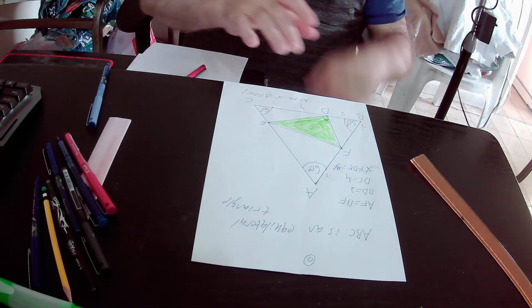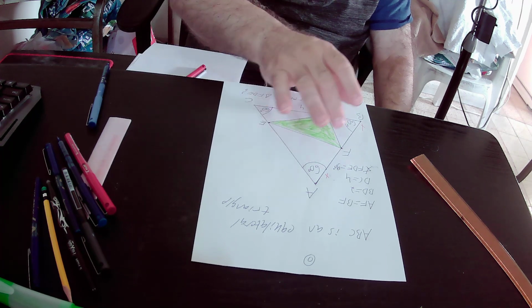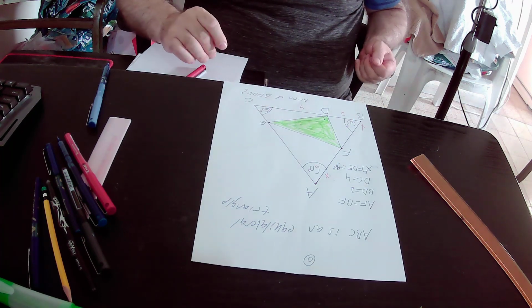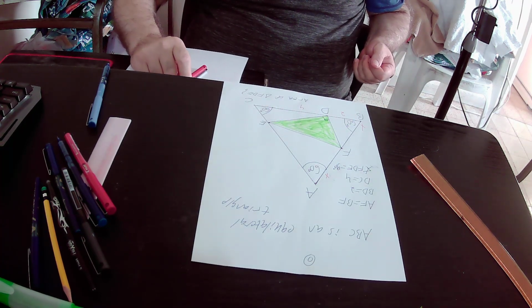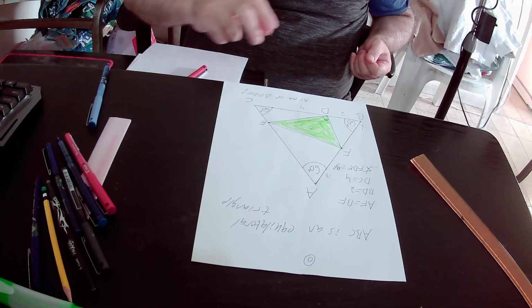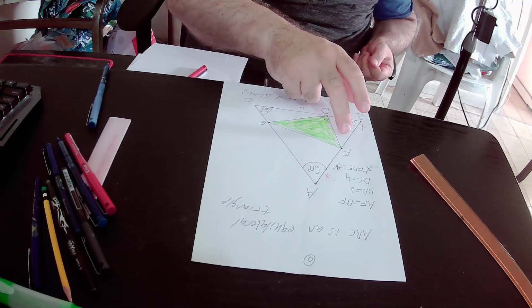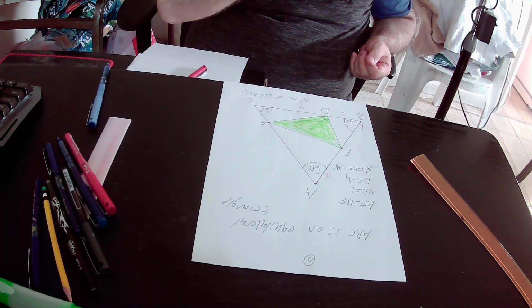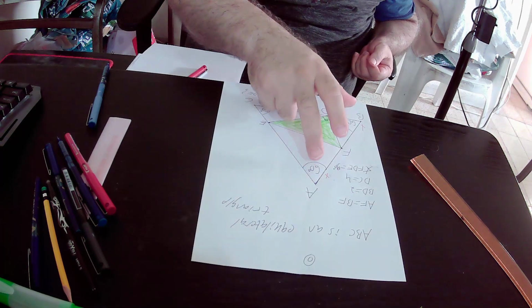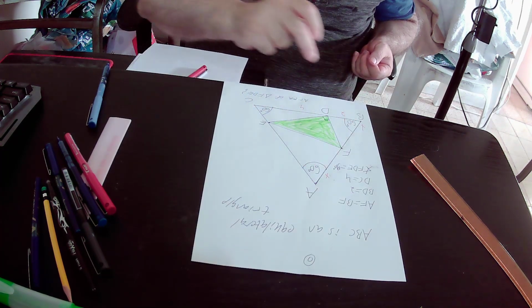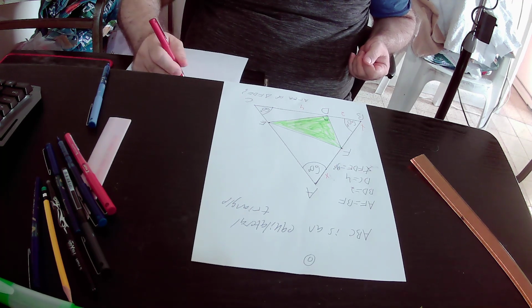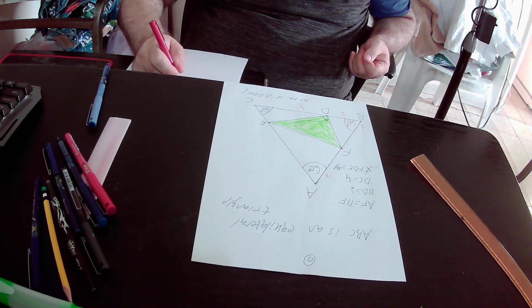AF equals X and BF also equals X. So we can say that AB equals X plus X, that is to say AB equals 2X.